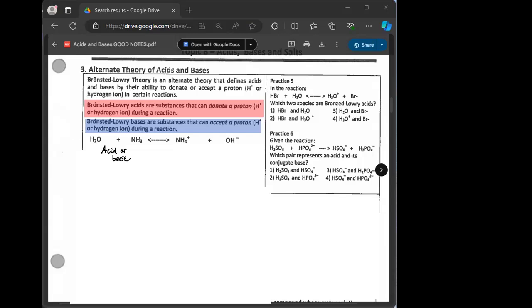We can pick the water or the NH3. So I guess we can pick the water. And then, okay, wait, this is the reactant side, and this is the product side.